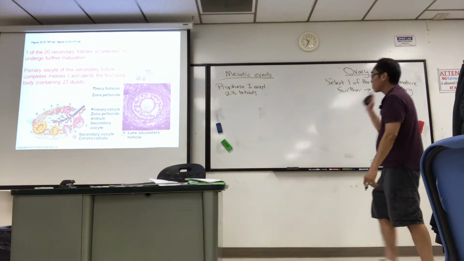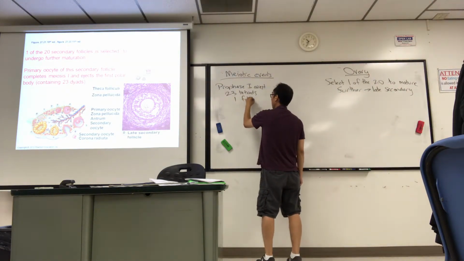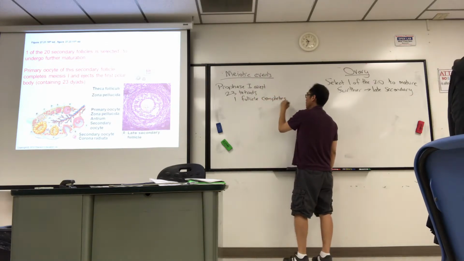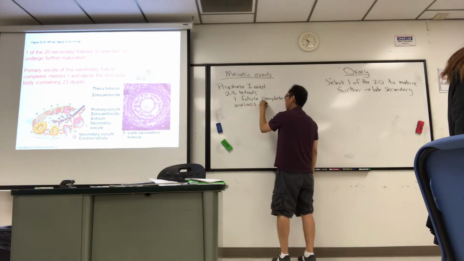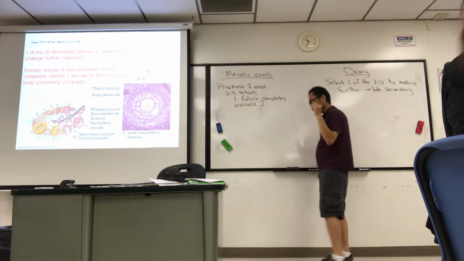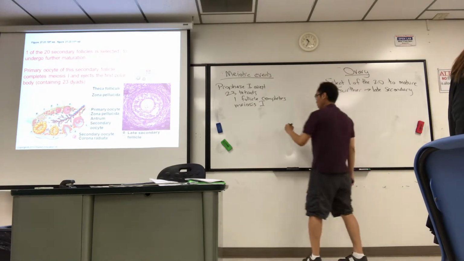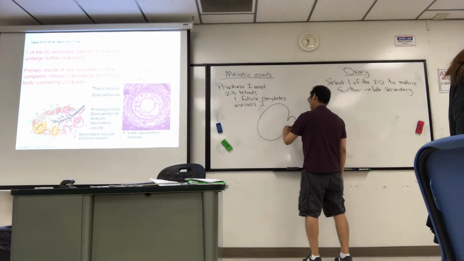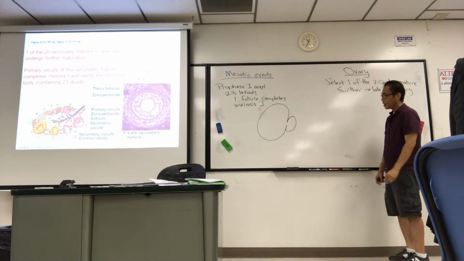And so, one follicle completes meiosis 1. I guess how I've been drawing it, if I drew, for example, just the cells pinching off, one cell becomes 2. It's unequal division of cytoplasm.